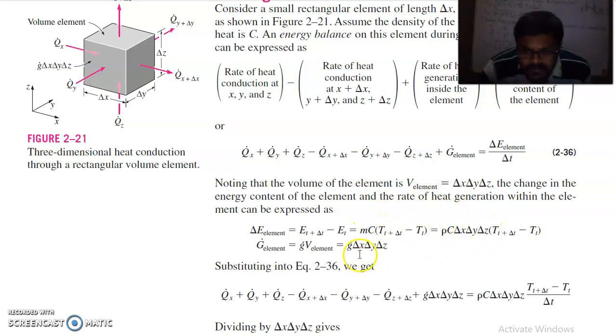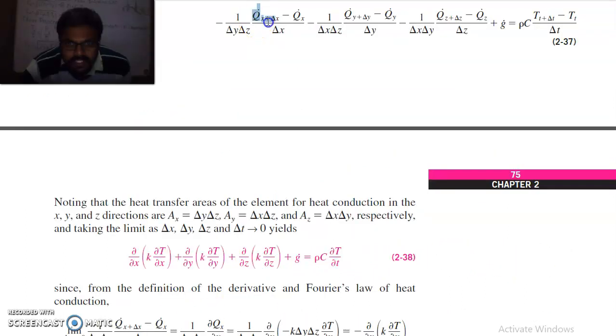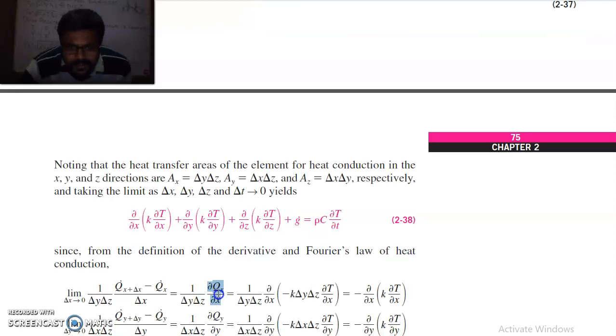You will get this equation, and generation in the element will become g dot into del x del y del z, where this term is your volume. You will get this equation here. Divide this equation by del x del y del z. Now this term which is here, you can write as del Qx by del x. The equation becomes this.